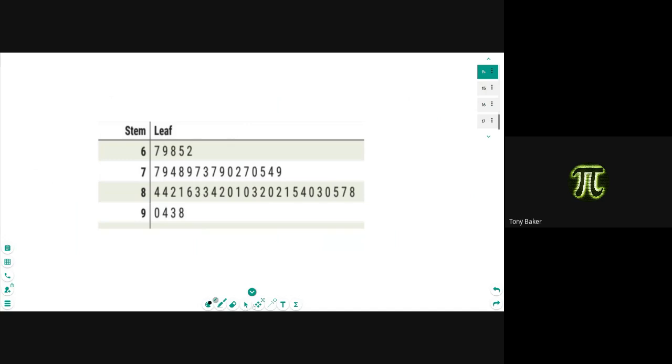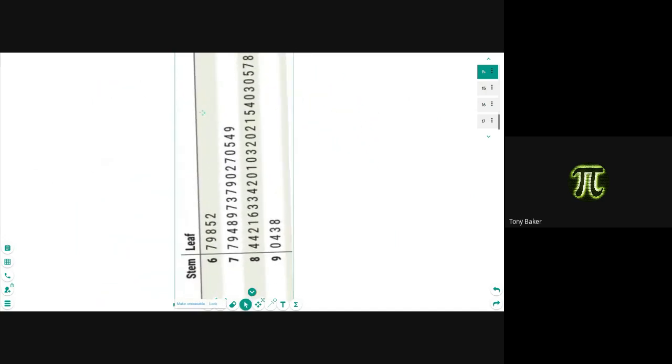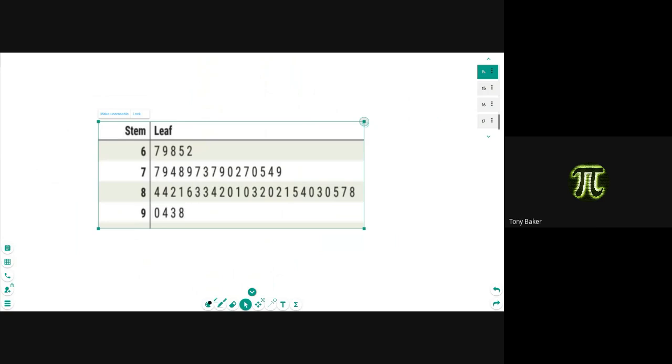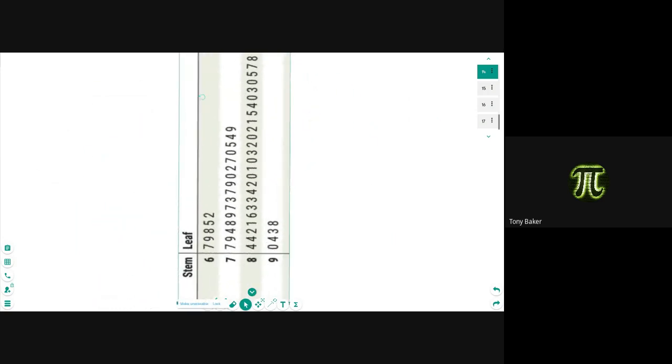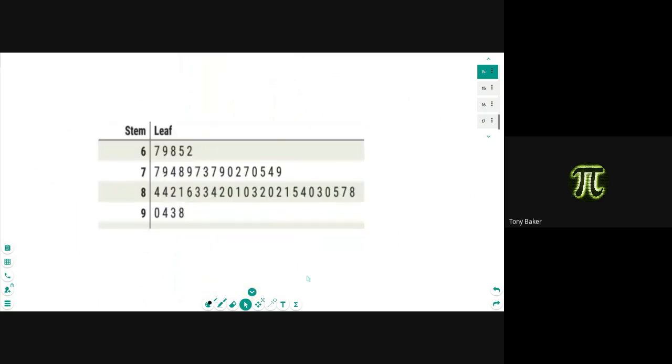If I took this and changed it to look like, let's actually make it straight up and down, like that, what does it look like? Bar graph. Okay. So a stem and leaf plot is just a way to organize your data. But by organizing it in this way, we can start to see patterns that we saw in our histograms and our bar charts.